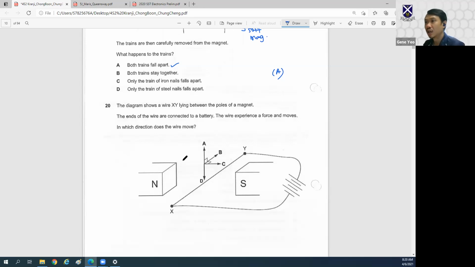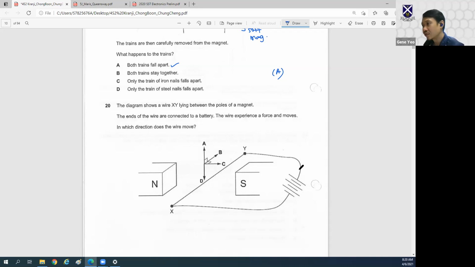Okay, so this is going to employ Fleming's left-hand rule. So I have a wire XY, okay, it's lying between two poles of a magnet. The ends of a wire are connected to a battery. In which direction will this wire XY move?